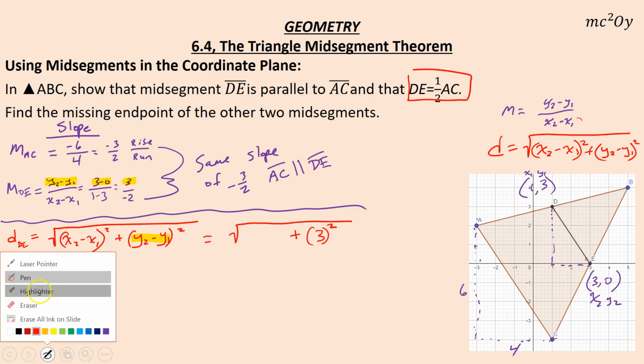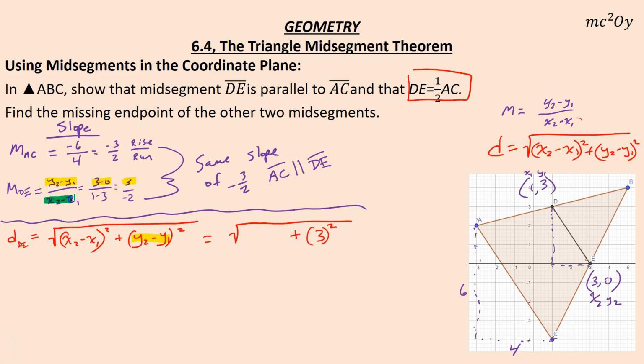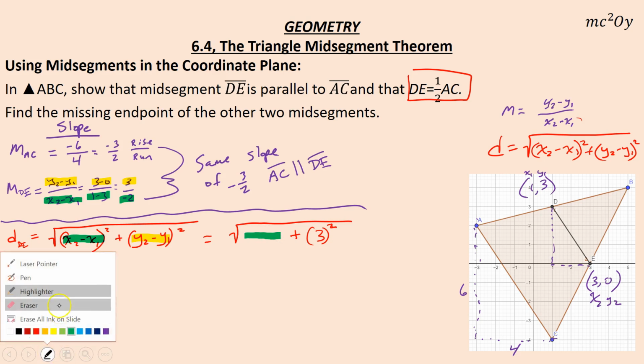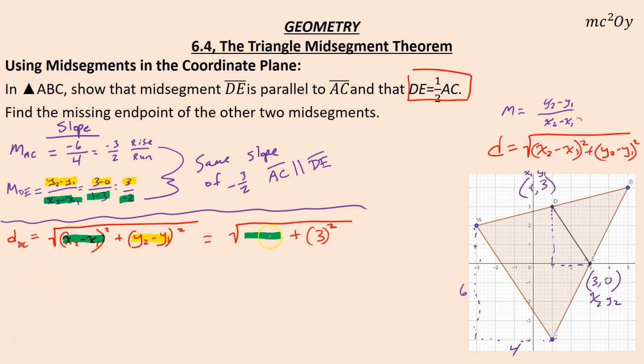And let's switch the color of the highlighter here. This is that, which is that, and no, x2 minus x1 is that. So that means right here we have -2, and we're squaring that.